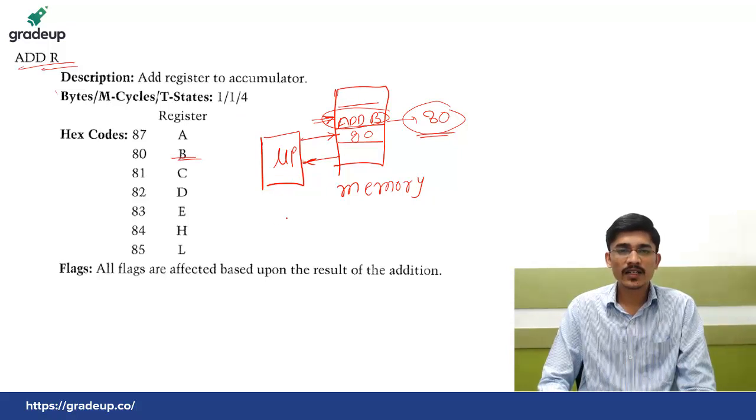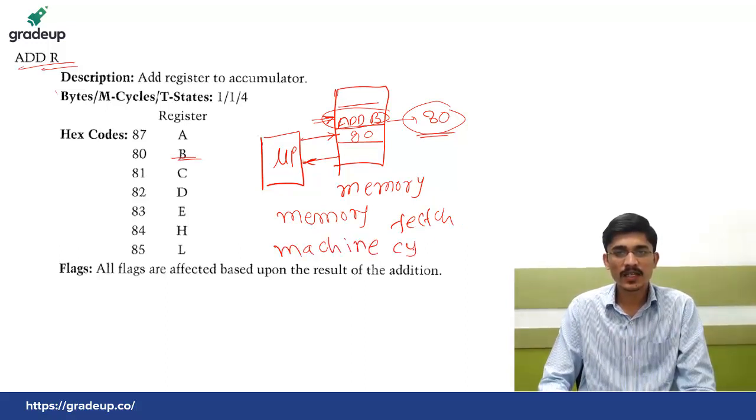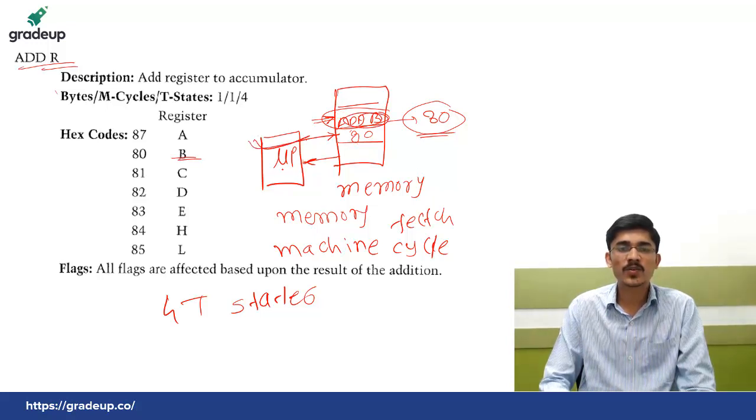So it will require a memory fetch machine cycle. In the last lecture I explained that the memory fetch machine cycle requires 4 T states. That means after 4 T states, this ADD B instruction will be decoded by the microprocessor, and it will come to know that it has to add the contents of the B register to the accumulator.